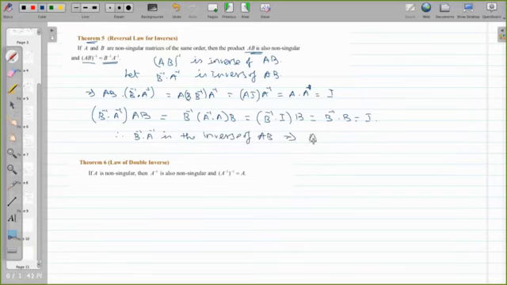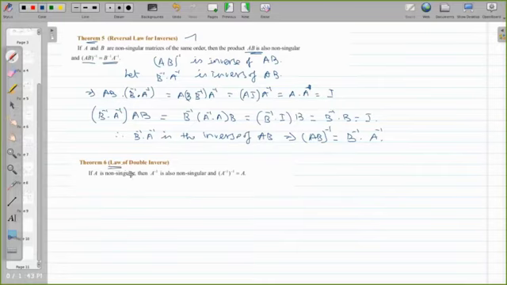This implies AB whole inverse is B inverse into A inverse. So this is how we prove AB whole inverse equal to B inverse A inverse. This is called the reversal law for inverses.